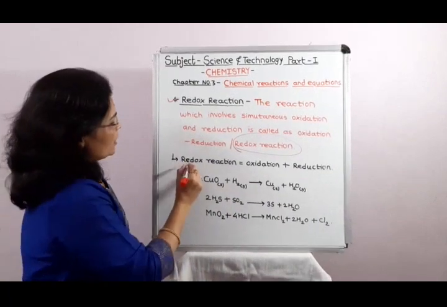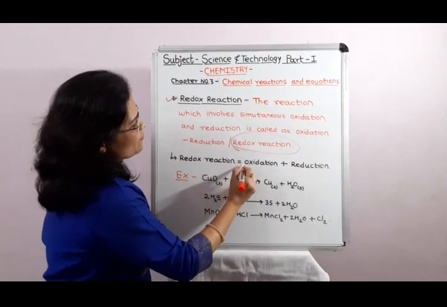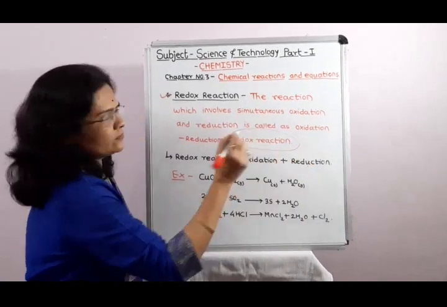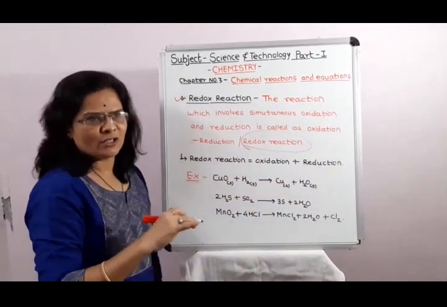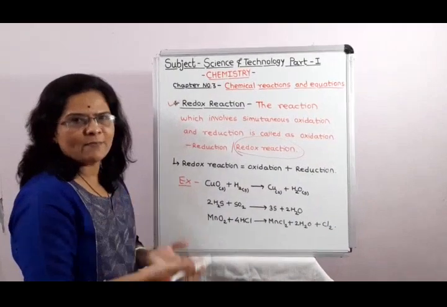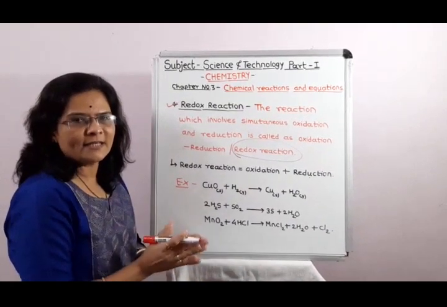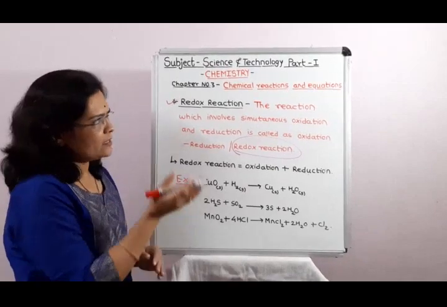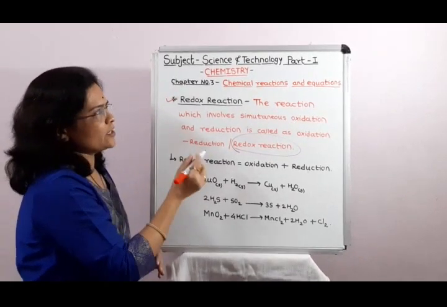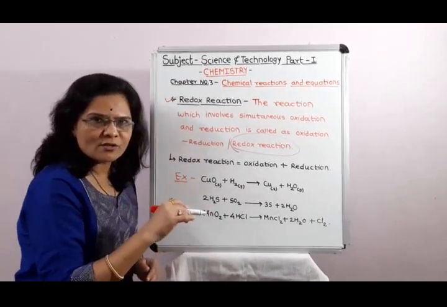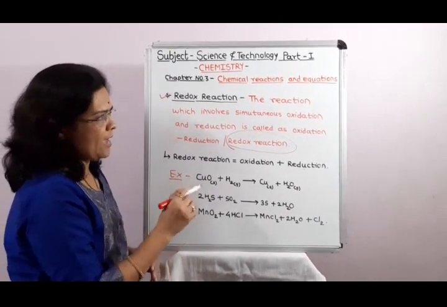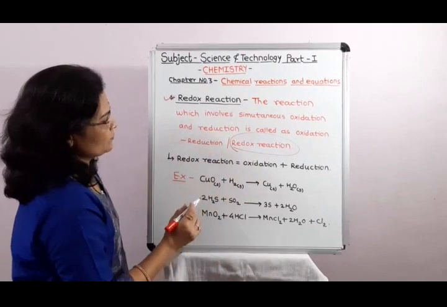Redox reaction in the form of equation: oxidation plus reduction. Friends, the reaction in which both the oxidizing agent and reducing agent do their work, and in a single reaction oxidation also takes place and reduction also takes place, is called redox reaction.